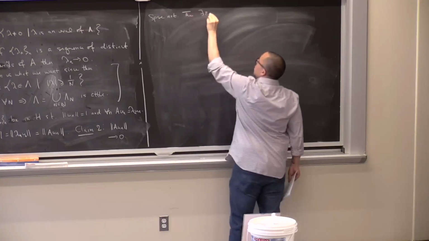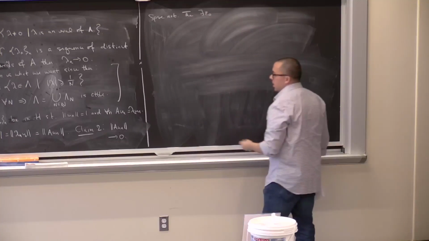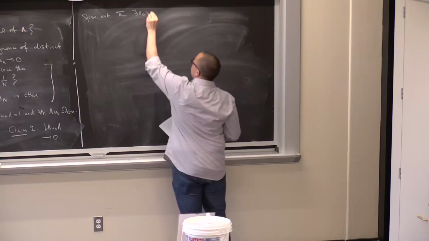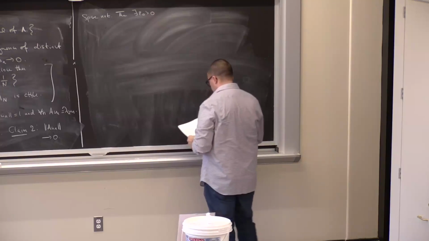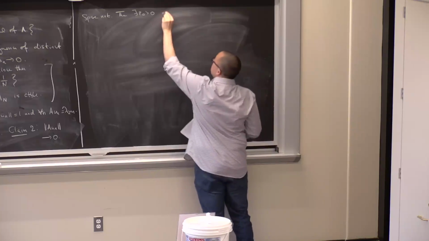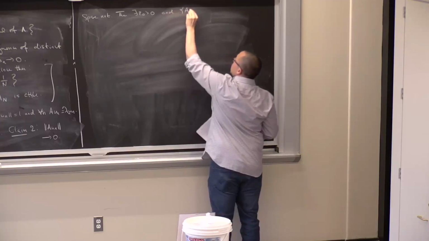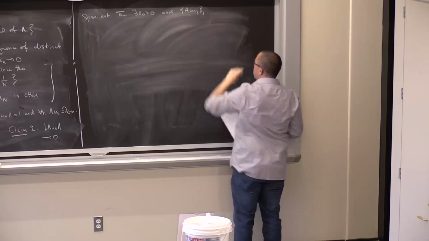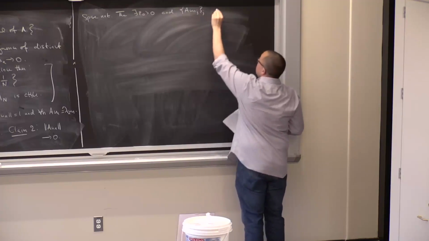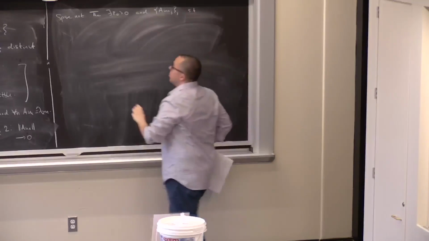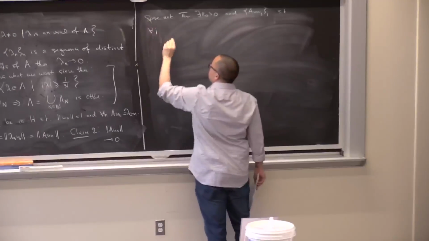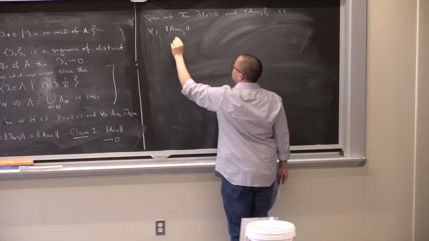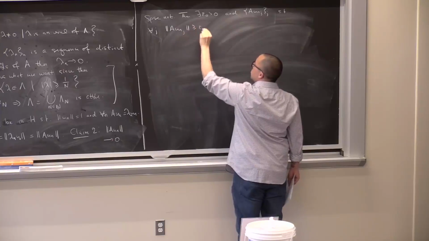Then, just negating the definition of convergence, there exists an epsilon positive, and we can find a subsequence A u_{n_j} such that for all j, the length of A u_{n_j} is bigger than or equal to epsilon naught, right?